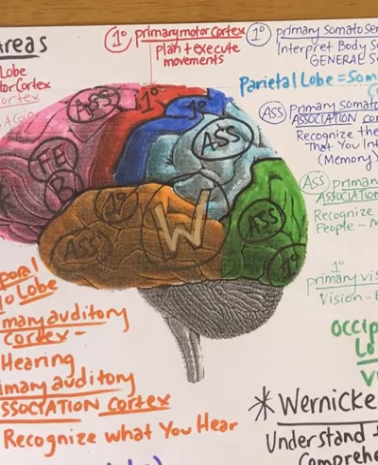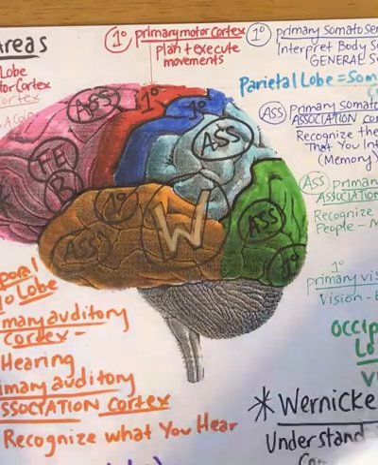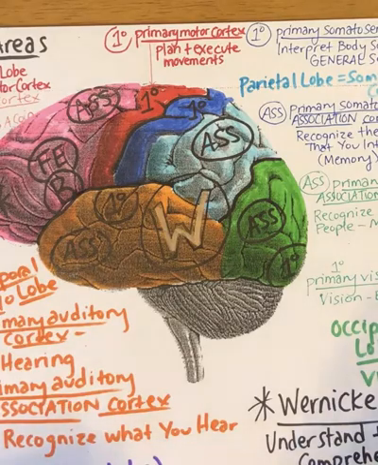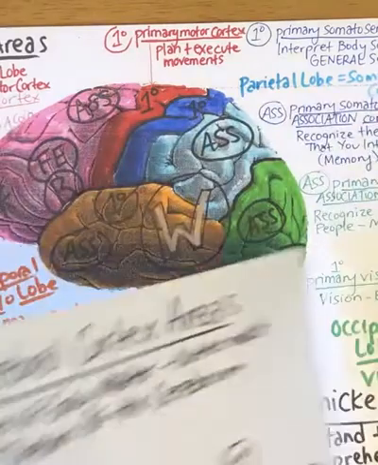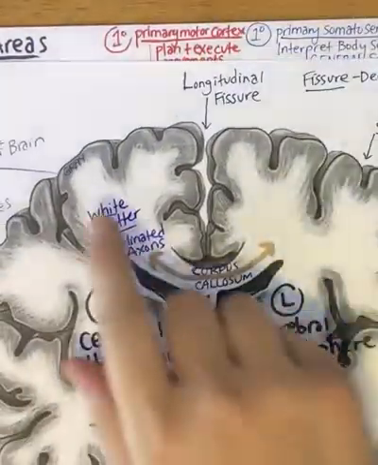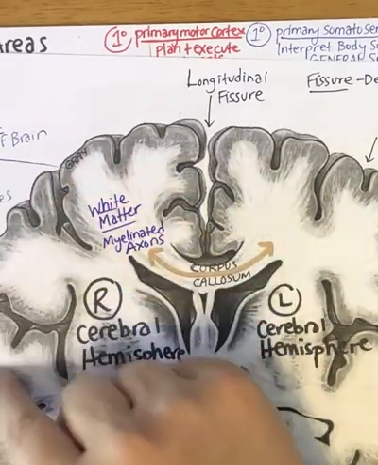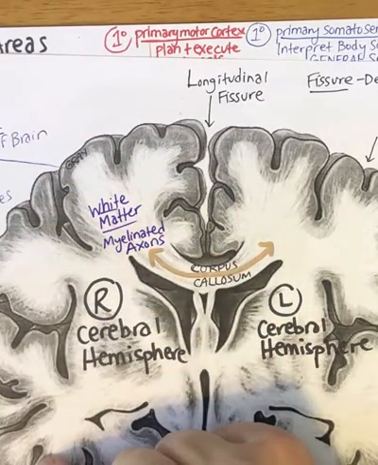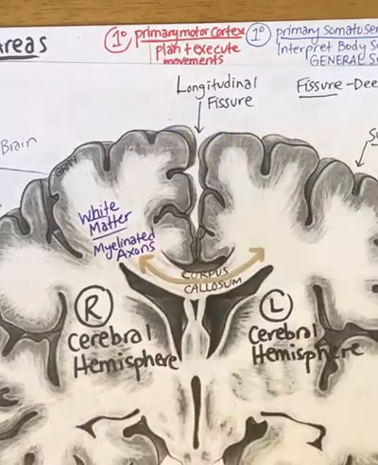Now, I wish I could say that we were done with the cerebrum. When we talked about the cerebral cortex areas, you have to remember that the cerebral cortex area is just a thin layer of gray matter. So now we're going to talk about structures that are very, very deep in the cerebral cortex. We're just talking on this outer layer when we say cerebral cortex. So your primary motor cortex is just in this outer layer.